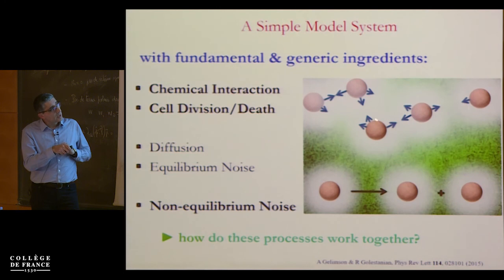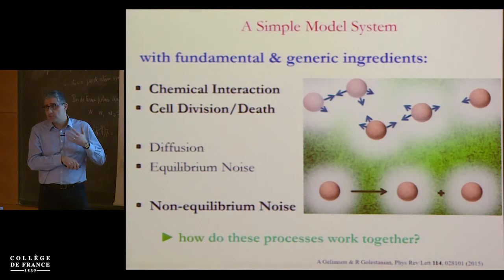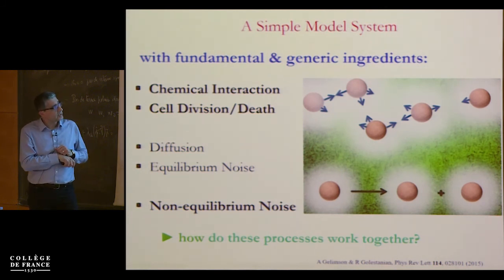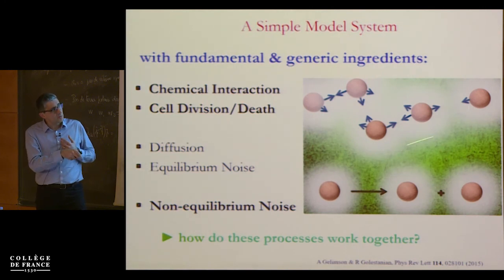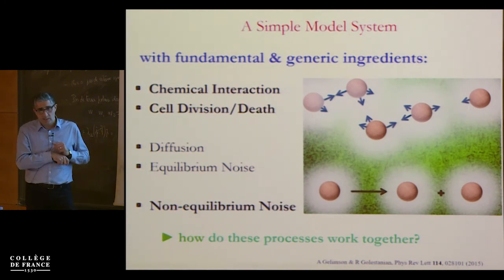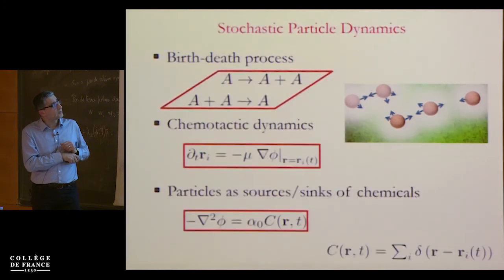So every particle might split into two, or every one of them might die, and on top of that, we added equilibrium noise that comes from essentially diffusion, and non-equilibrium noise, which comes from number fluctuation in a system that doesn't have a conserved total number of particles.